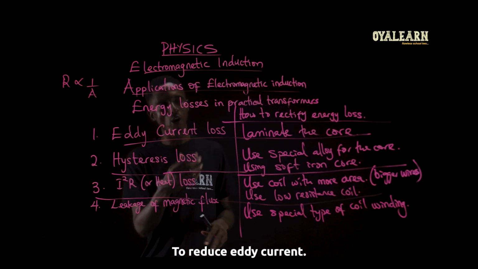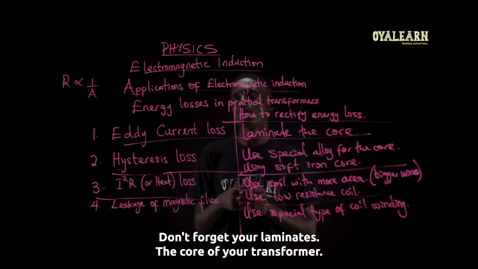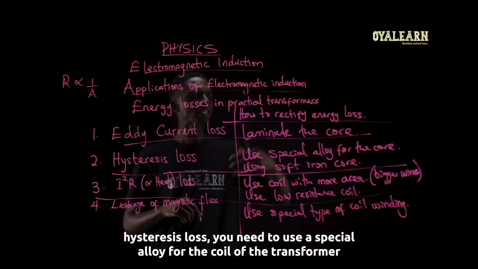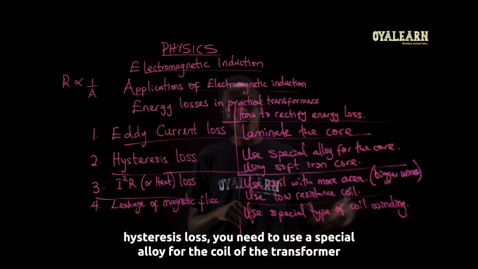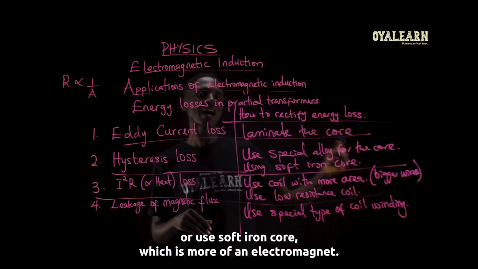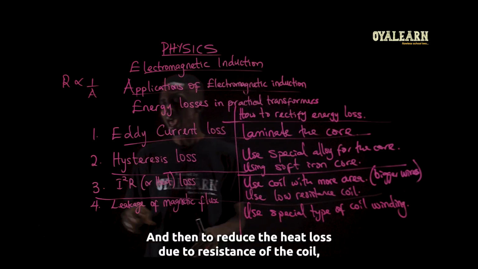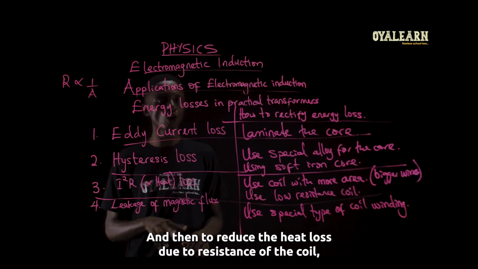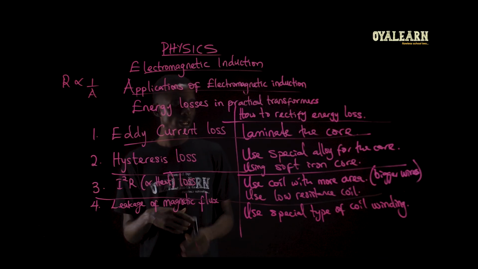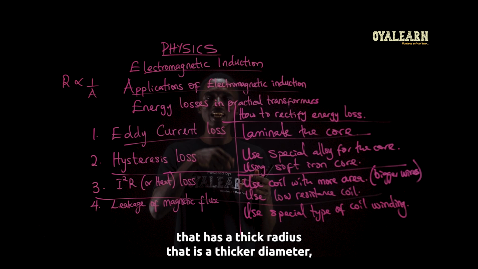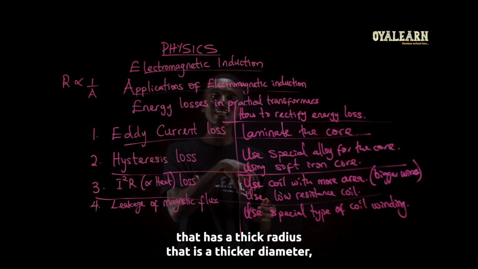To reduce eddy current, don't forget, you laminate the core of your transformer. To reduce hysteresis loss, you either use a special alloy for the core of the transformer, or you use a soft iron core, which is more of an electromagnet. And then to reduce the heat loss due to resistance of the coil, you use a coil that has a thick radius, that is a thicker diameter.